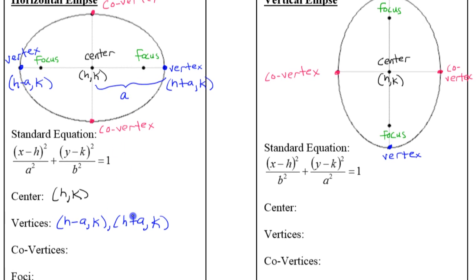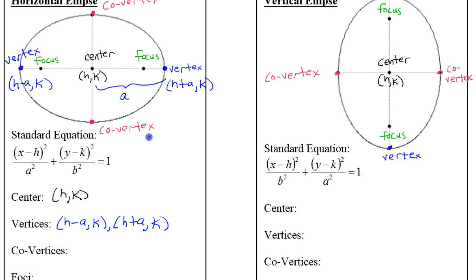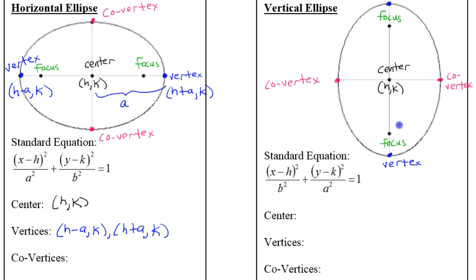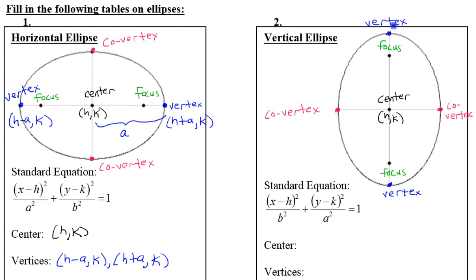So what about the co-vertices? Oh, you know what? Let's do the same thing for the vertices that are vertical before we move on. So what about this bottom vertex? The x coordinate should be the same as the center, because these are the same distance to the left and right.